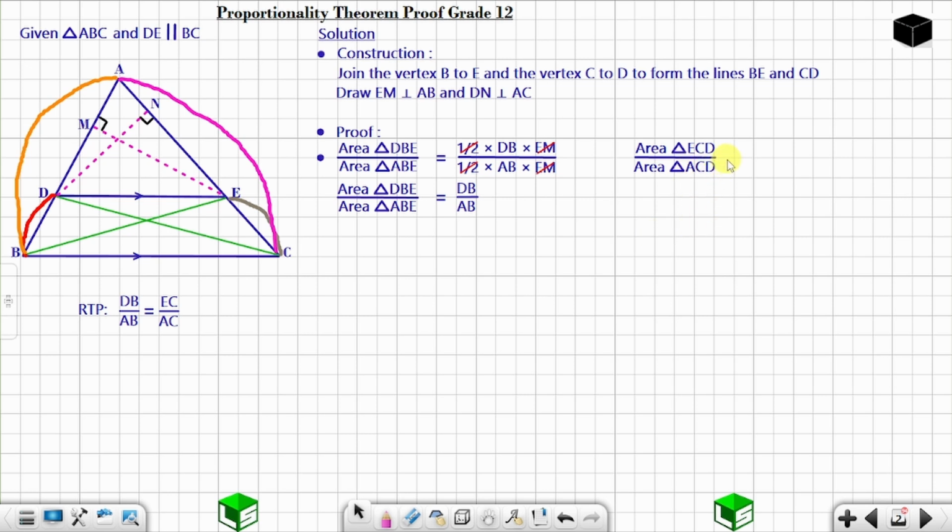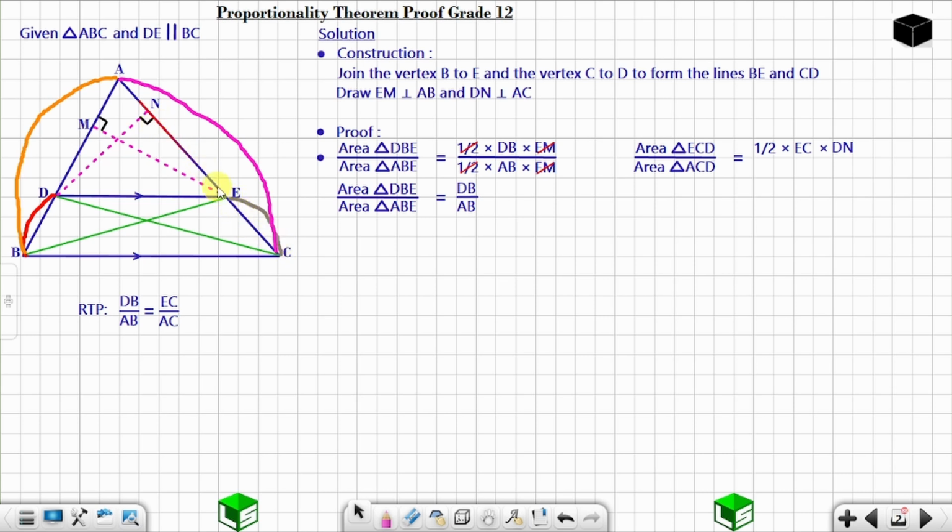The area of triangle ECD is a half times base, which is EC, times the height, which is DN, because DN is perpendicular to EC.